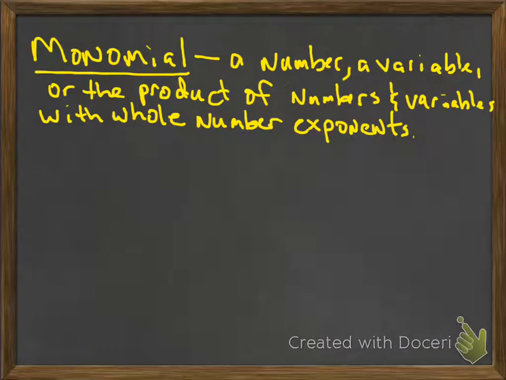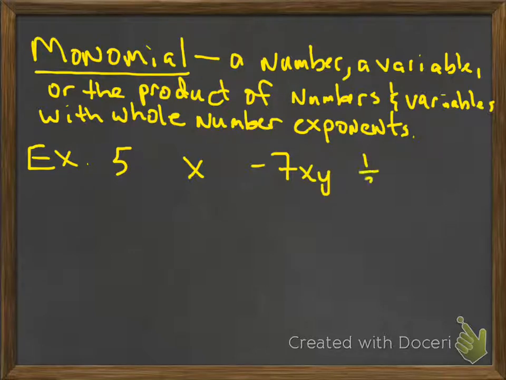The first thing we need to do is learn some definitions and ideas. So we're going to start off with a monomial. A monomial is a number, a variable, or the product of numbers and variables with whole number exponents. For example, 5 is a monomial, or x, or negative 7xy, or 1/2 x to the fourth.